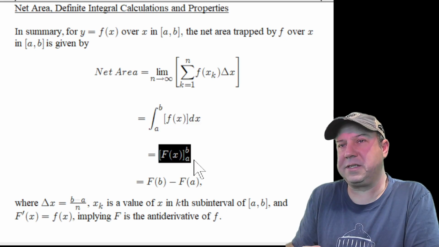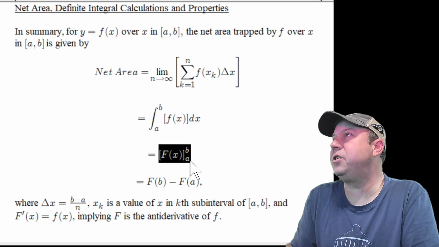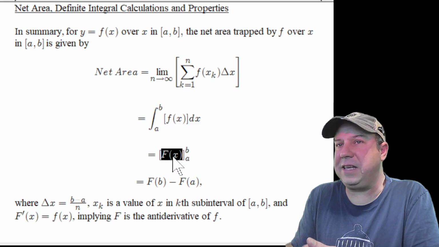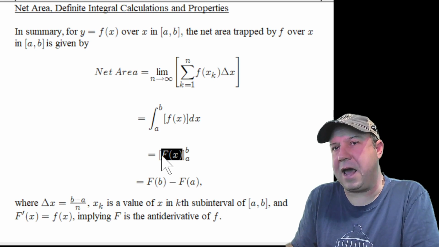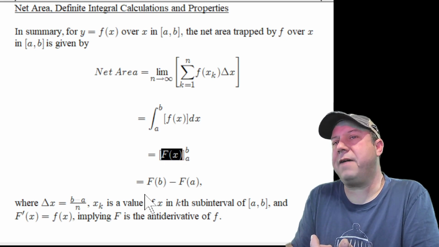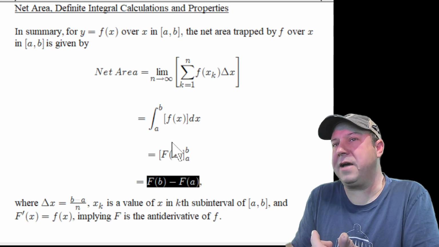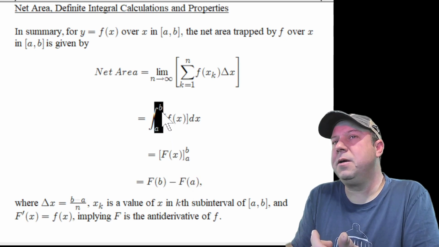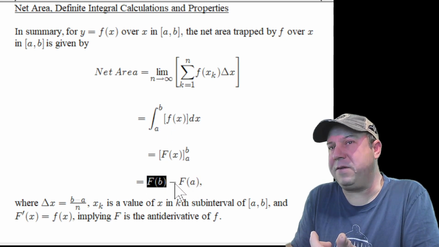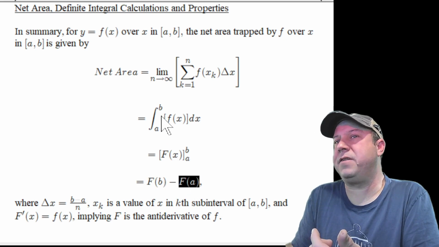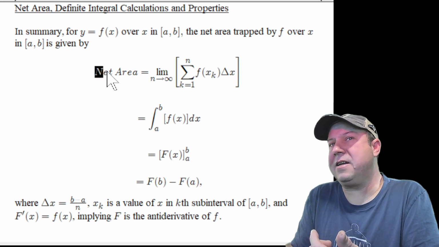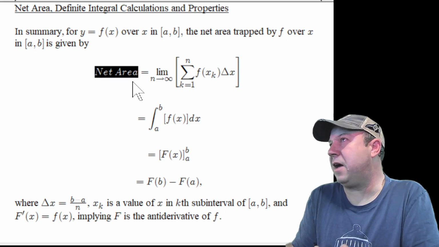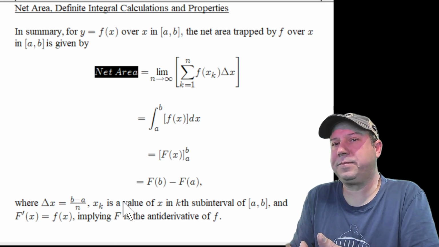We were able to see that the definite integral's calculation was essentially related to the antiderivative of f, given by cap F here, where cap F can be used by evaluating cap F at b and taking away from it cap F at a, and that difference leading to the value of our net area.